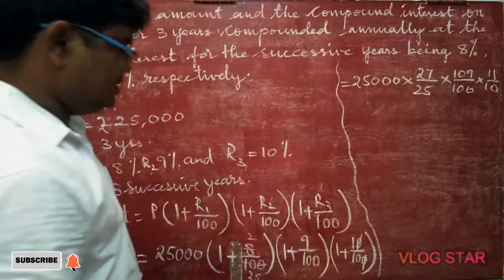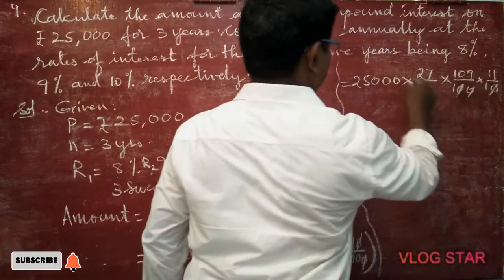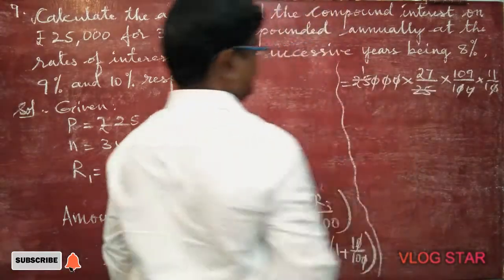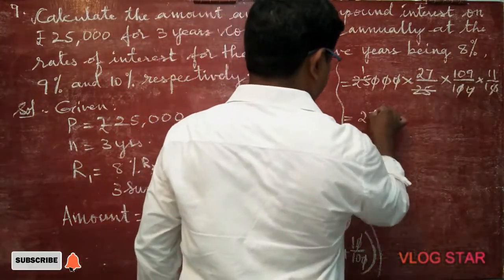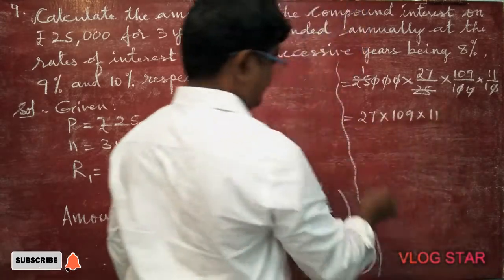Keep in mind. Now 25 goes in 25 one time. What is remaining is 27 into 109 into 11.